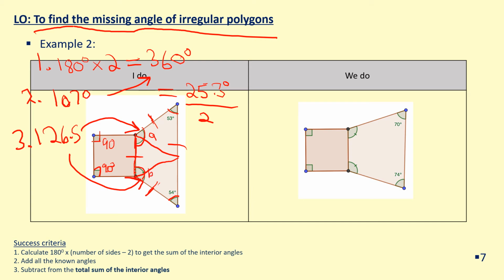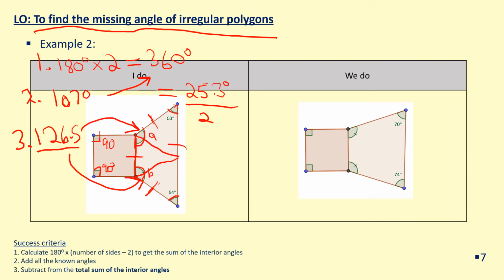Now we know from step 1 that this right part of the irregular polygon, this quadrilateral, adds up to 360. So just to double check that our final answer for the 2 sides is 126.5, we can now add all the interior angles.